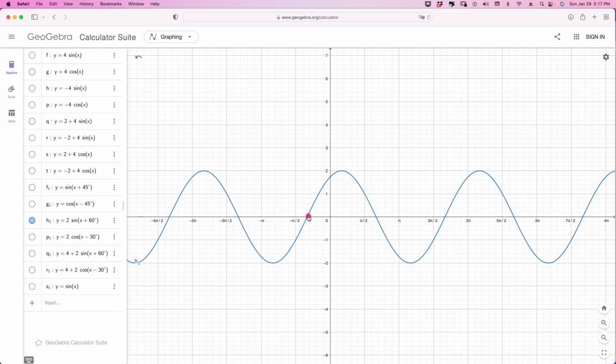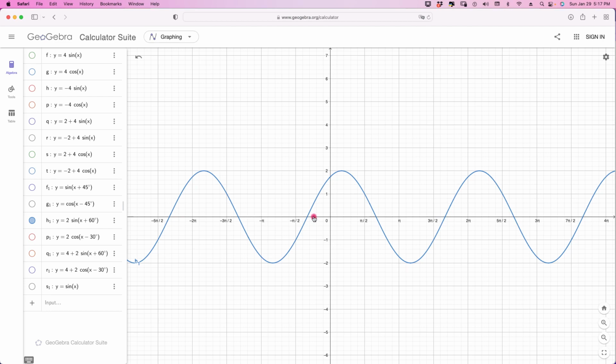That's where our midline is crossing. And we always take the closest measure whenever that occurs. So our closest measure, this is shorter to the origin than this one is. So we always use the closest measure, and in this case, it's negative 60 degrees.